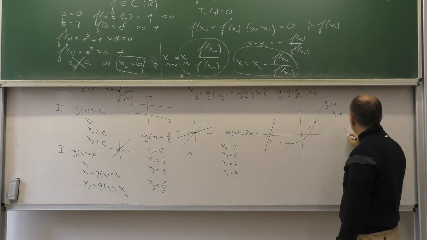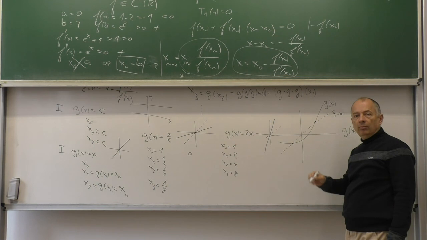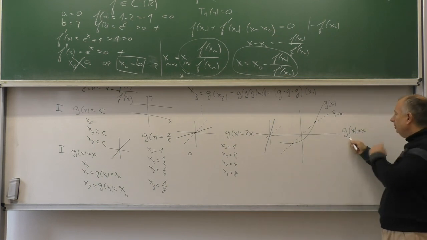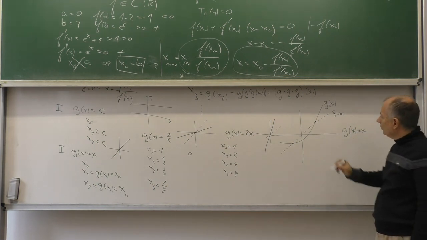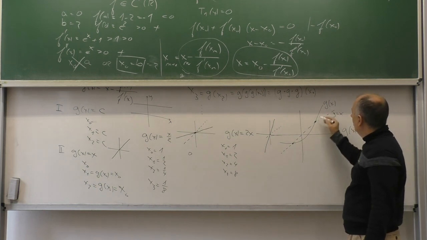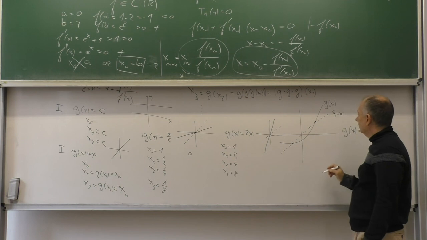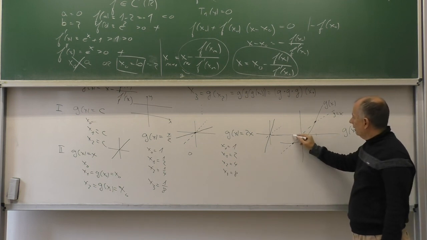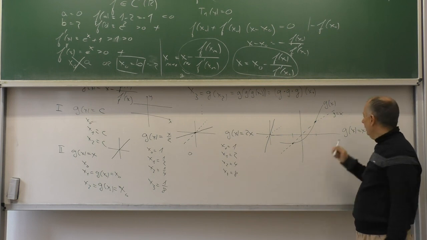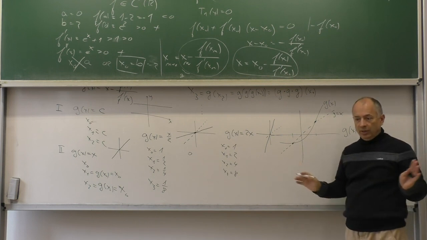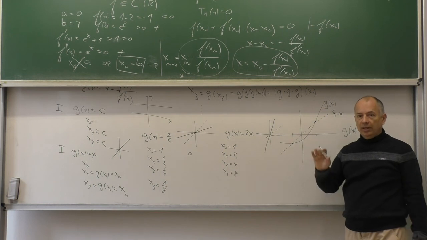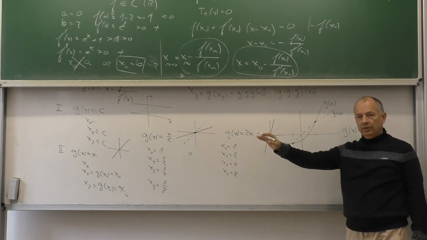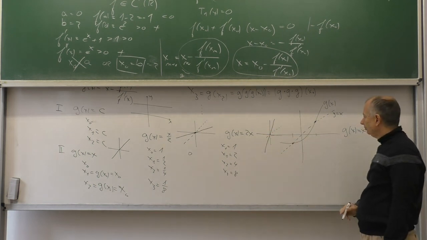By a fixed point, we mean a value that is not changed when applying the function g. So these intersections of the graph of g with this line are the fixed points. If you start with x0 equal to this or equal to this, applying g does not change the value, and you have a constant sequence, x0, x0, x0, x0, it repeats on and on.